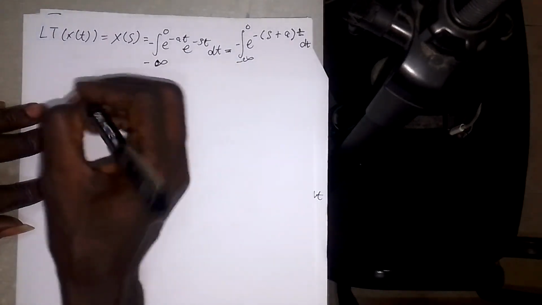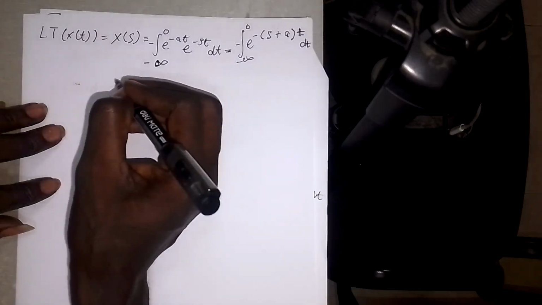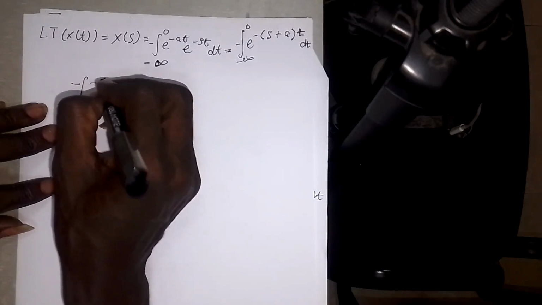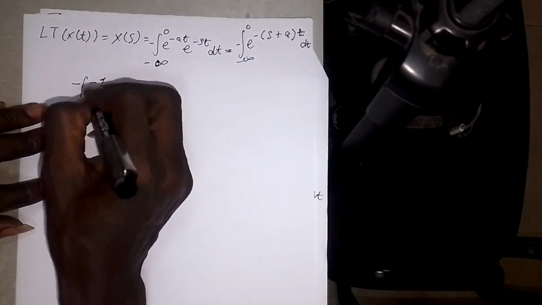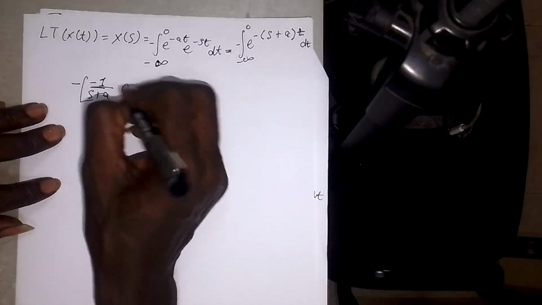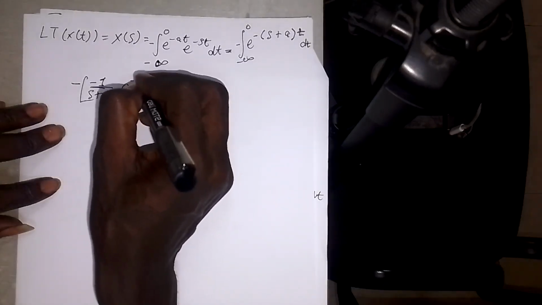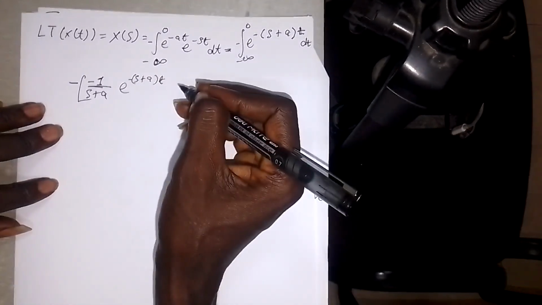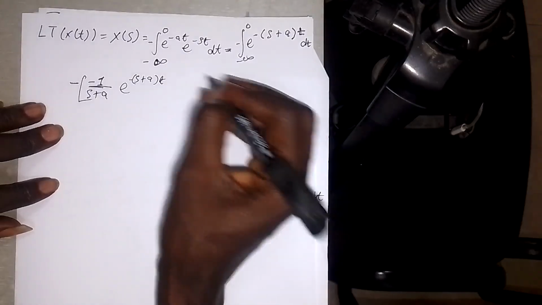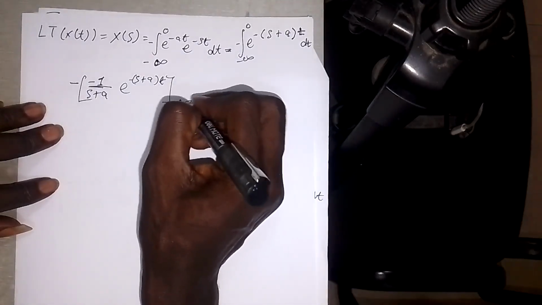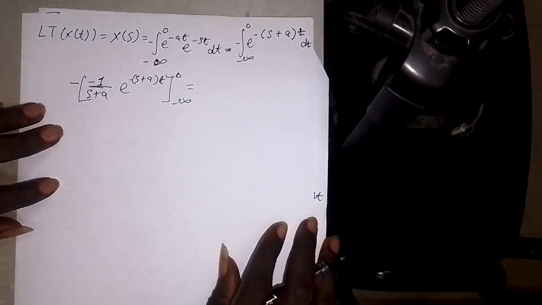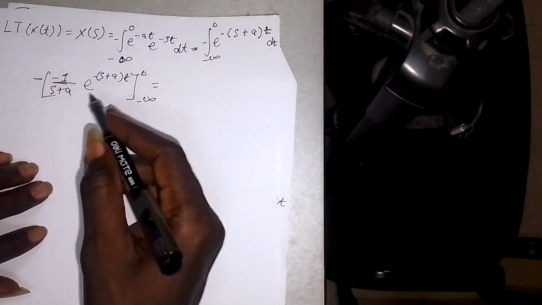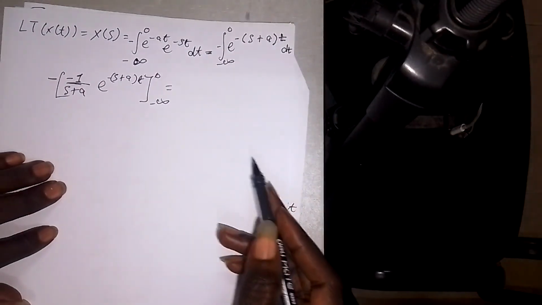If I'm integrating this, the first minus will come, and I'll have minus again, 1 over s plus a, into e exponent minus (s plus a) t, and then here I'll have minus infinity to 0.